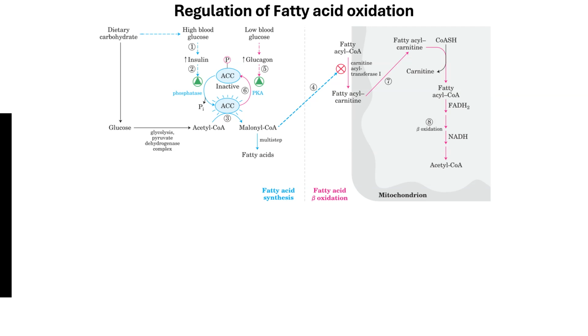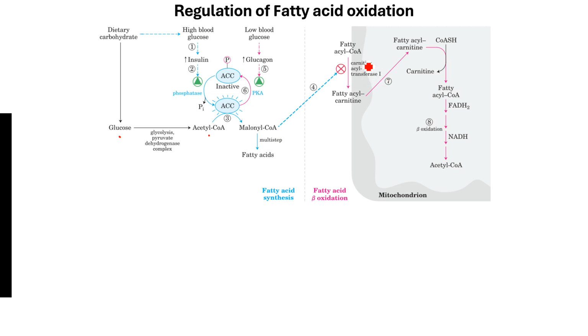Now again there is this regulation of fatty acid oxidation. There are several enzymes that I have not touched upon; you can go through the lecture. First, one enzyme is actually important. Glucose gets converted into acetyl CoA, and acetyl CoA carboxylase converts this acetyl CoA to malonyl CoA, and this malonyl CoA inhibits the carnitine acyl transferase 1.